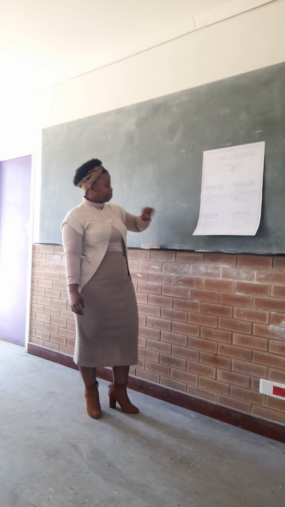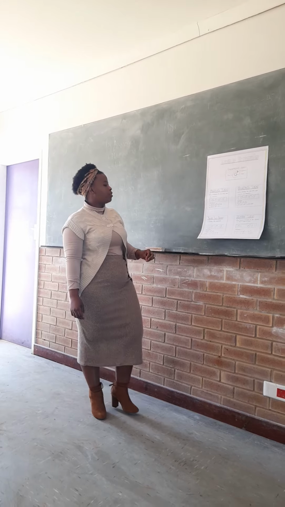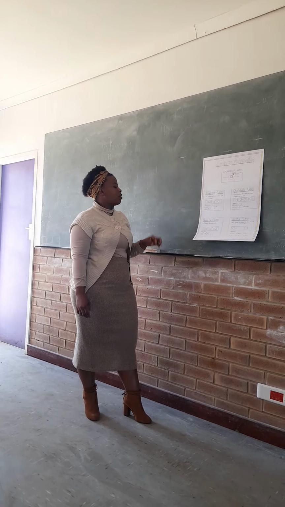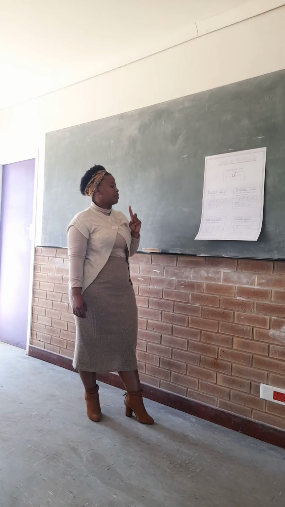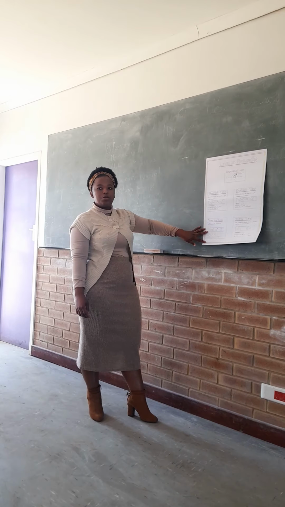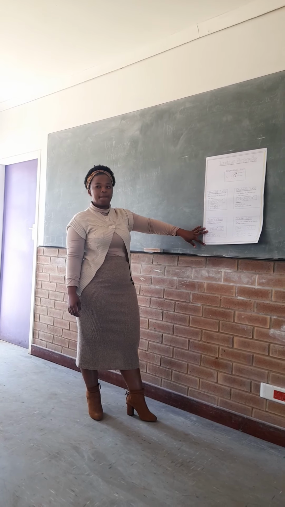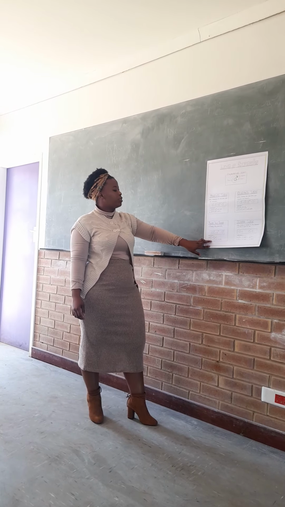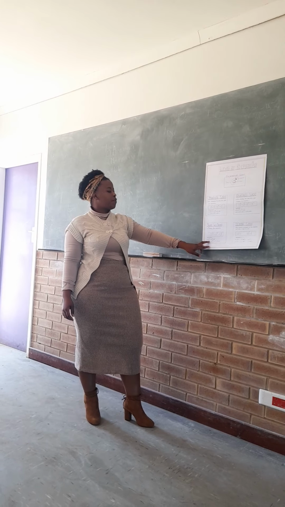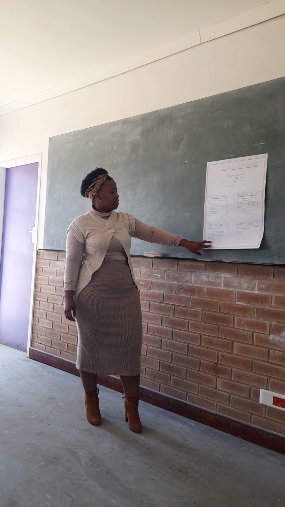The second example says open bracket 2 to the exponent of 5, close bracket, exponent of 3. We are also going to multiply the exponents. We're going to say 2 to the exponent of 5 multiplied by 3.